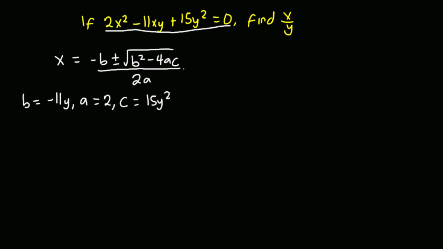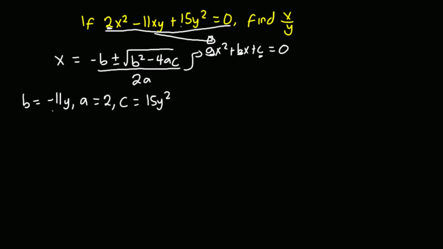Remember that this formula came from a general quadratic equation, which is ax squared plus bx plus c is equal to 0. So actually we are comparing this equation to the general form of a quadratic equation, where the a matches the 2, the b matches the negative 11y, and the c matches the 15y squared.